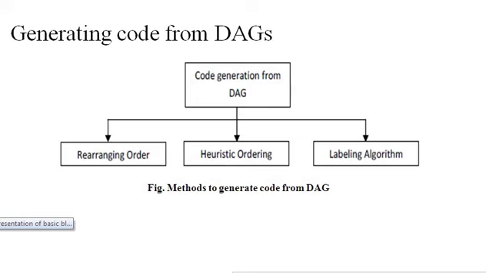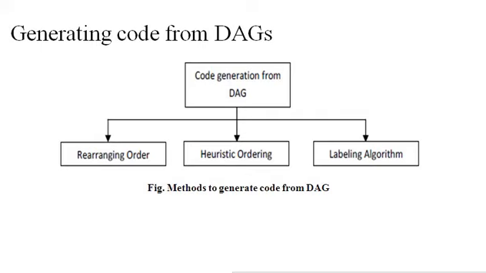In rearranging order, the order of 3 address code affects the cost of the object code being generated, in the sense that by changing the order in which computations are done, we can obtain object code with minimum cost.